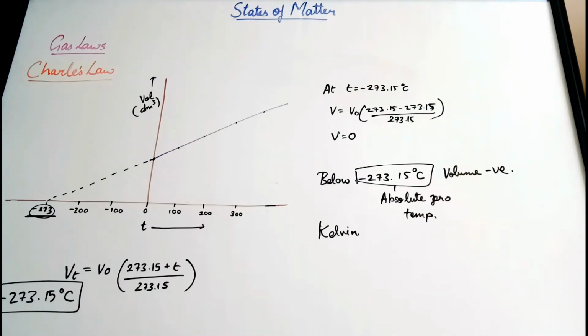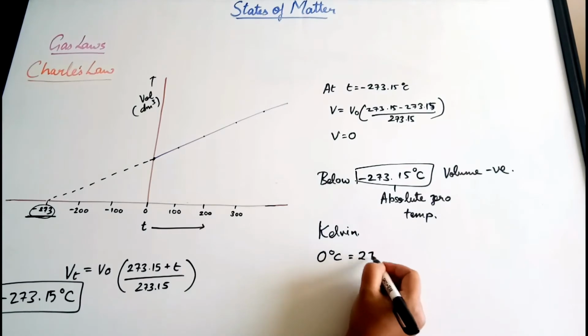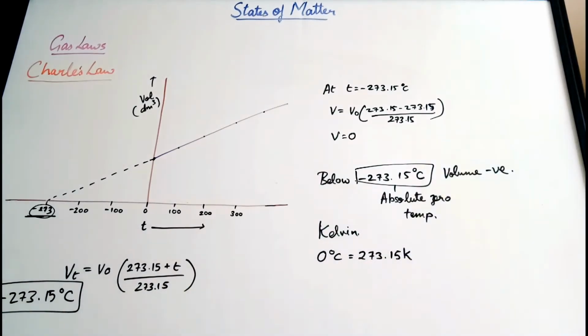He called this the Kelvin scale, and it's also called the thermodynamic scale of temperature. According to this, 0 degrees Celsius equals 273.15 Kelvin. So if you have it in Celsius, you just have to add 273.15 to get the value in Kelvin. And that is the Kelvin scale.